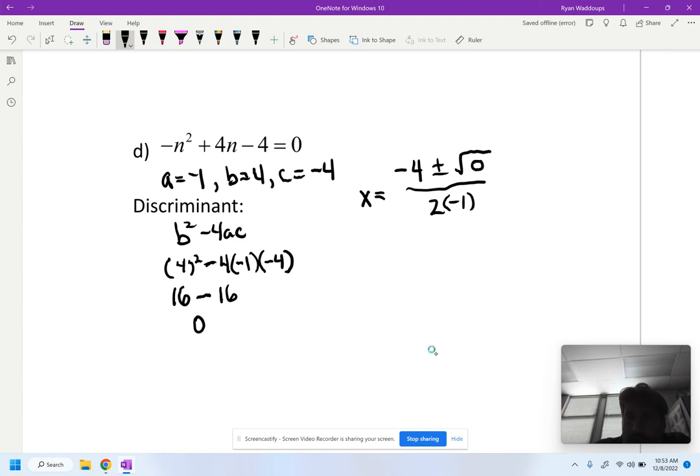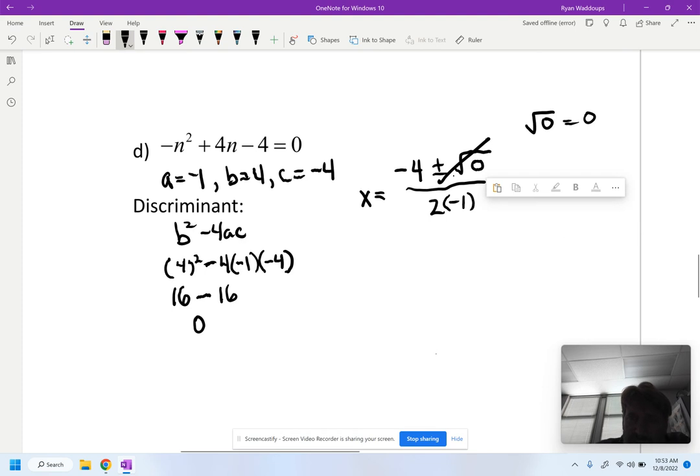Now, the square root of 0 is equal to 0. So if I'm adding 0 to a number, it doesn't change it any. If I'm subtracting 0 from a number, it doesn't change it any. So both the plus and the minus versions, I can just ignore. They're not changing it any.